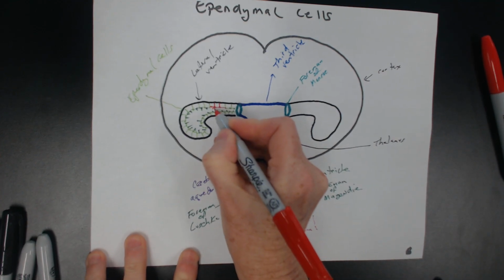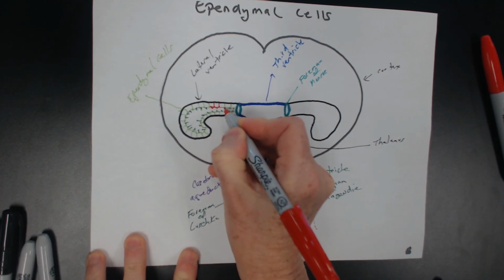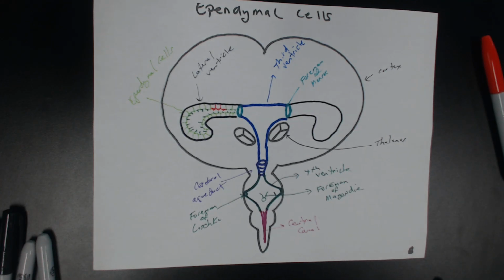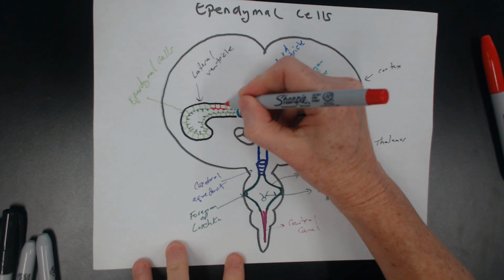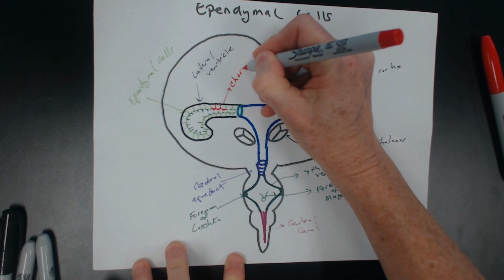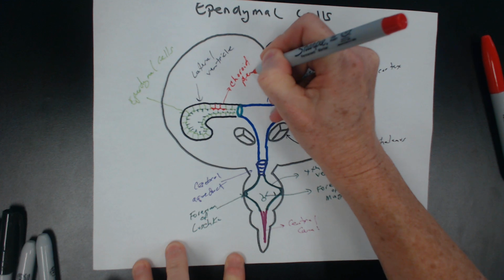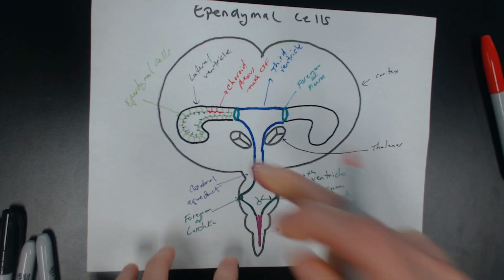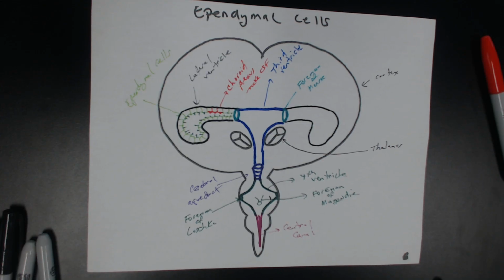This special kind of ependymal cell is really just a specialized kind of filter, and this filter is involved in the production of CSF. What was the name of that kind of cell that makes CSF? Choroid plexus. Awesome. This is your choroid plexus. They make your CSF. And your choroid plexus is nothing more than a specialized ependymal cell.